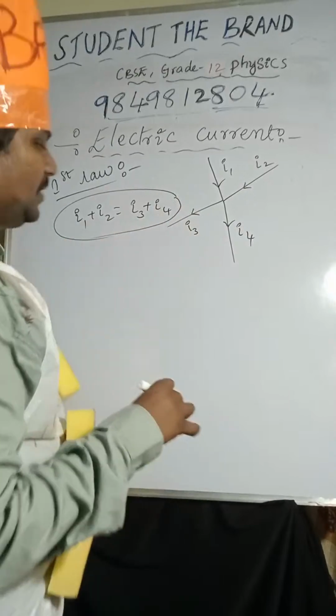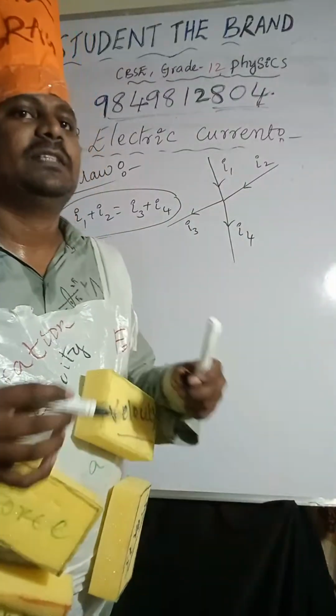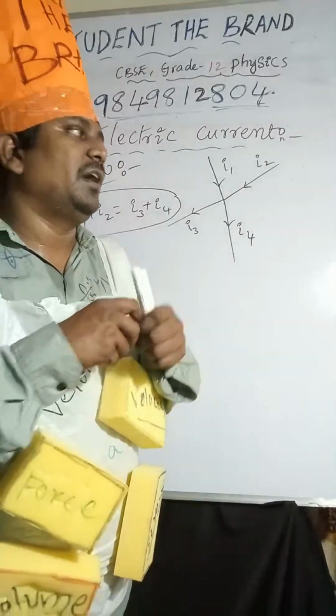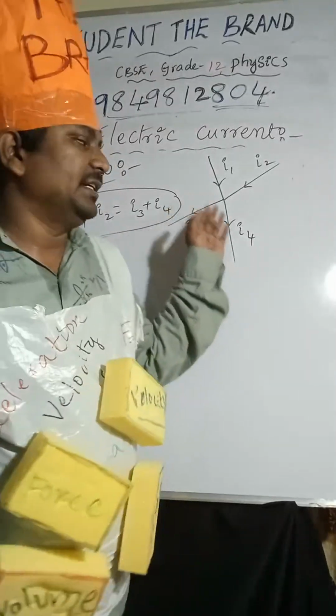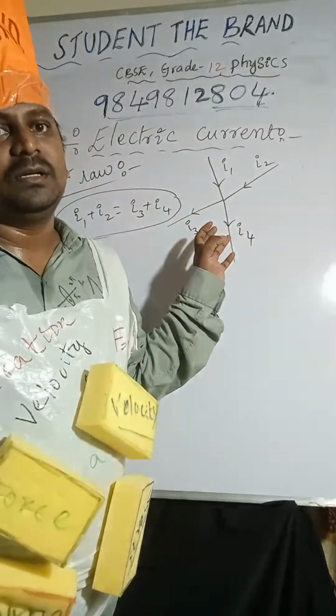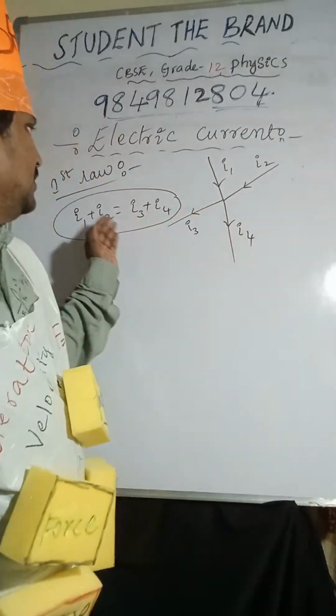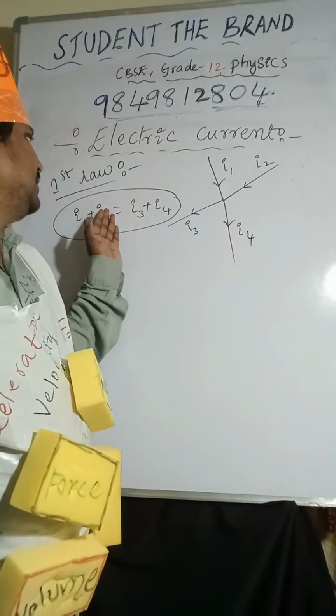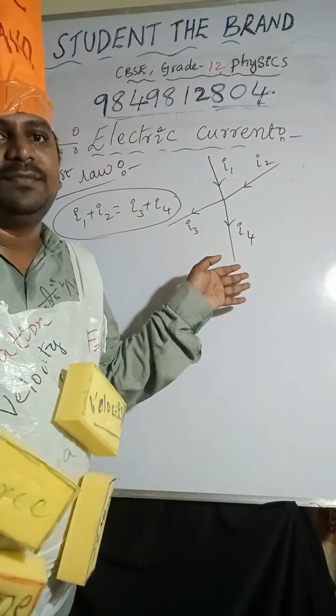The sum of the currents reaching the junction is equal to the sum of the currents leaving the junction. The algebraic sum of all the currents at a junction, at a point in a closed circuit, is equal to 0. That is nothing but I1 plus I2 equal to I3 plus I4.